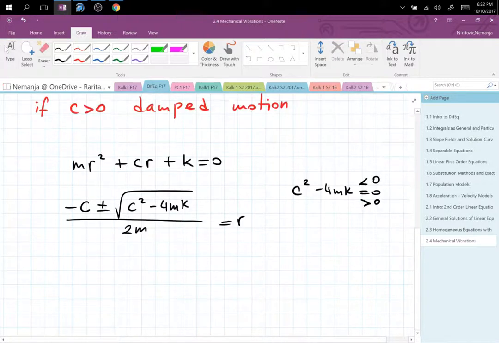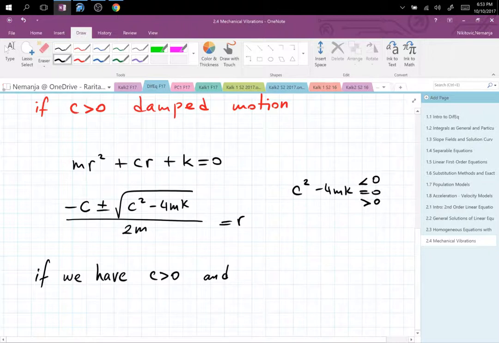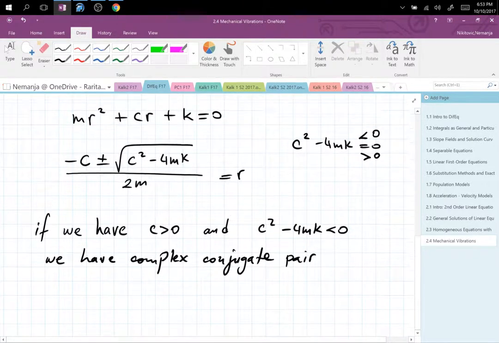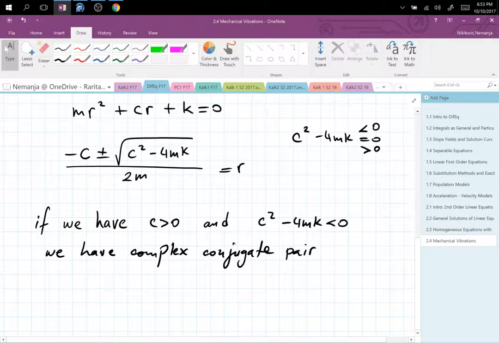So now let's write the solution for this real quick. If we have c larger than 0 and c squared minus 4mk less than 0, we have a complex conjugate pair. That's what we have.